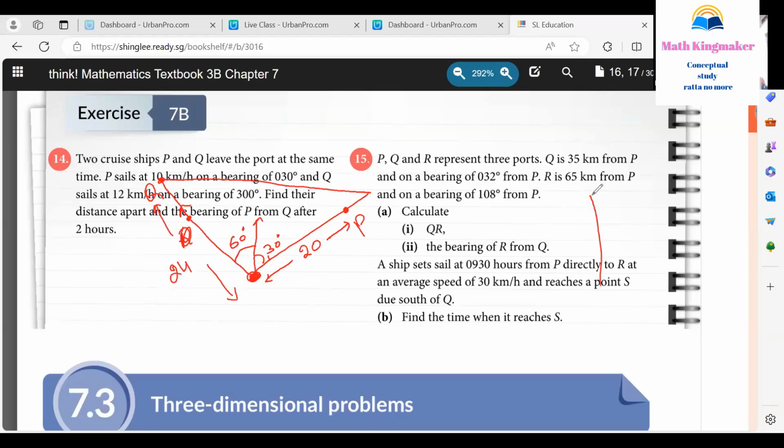Let us say this is O, and this is P. This is 20, and this is 24. This is Q. Now you have to find PQ, so you can find it by Pythagoras.